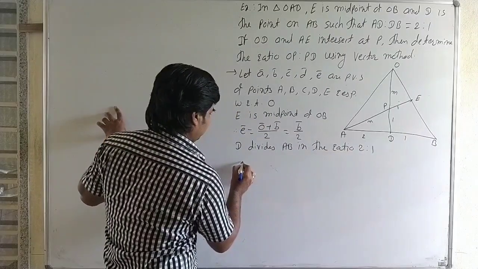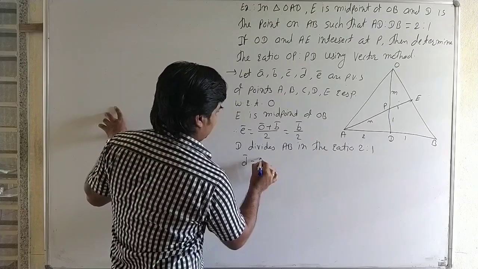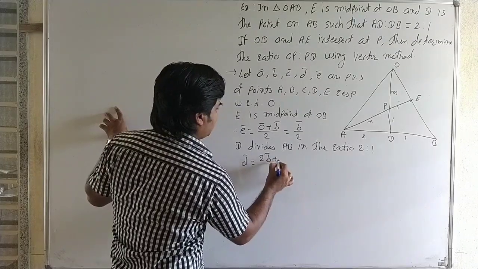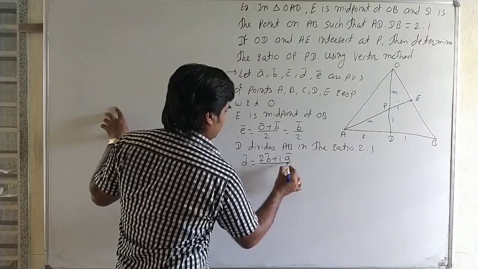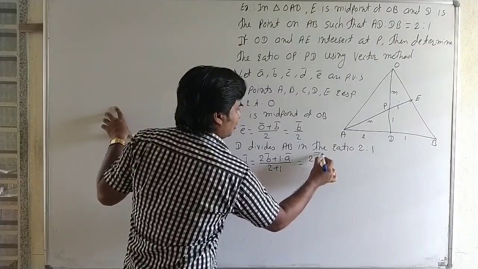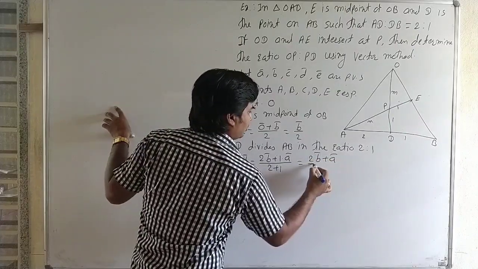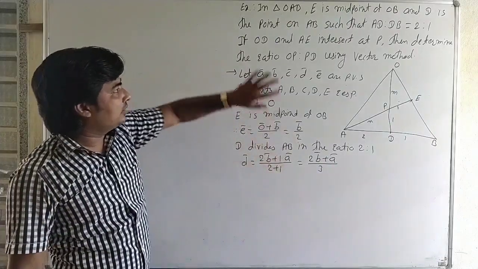Therefore D bar is equal to (2 into B bar plus 1 into A bar) upon (2 plus 1), that is (2B bar plus A bar) upon 3. This is D bar. E bar and D bar are given.